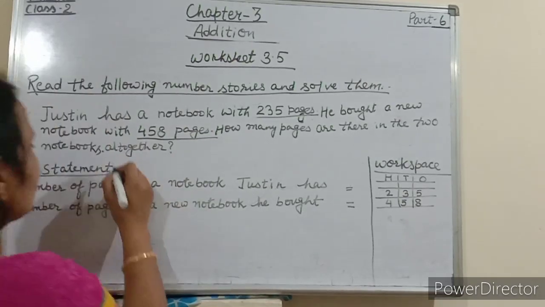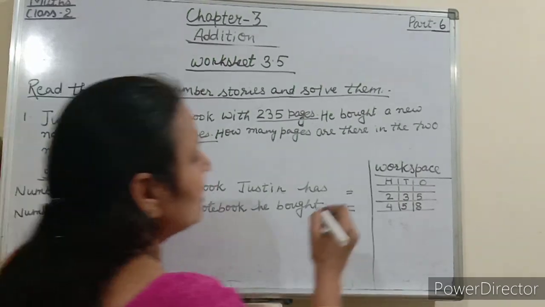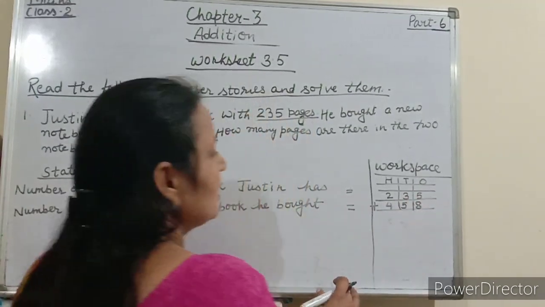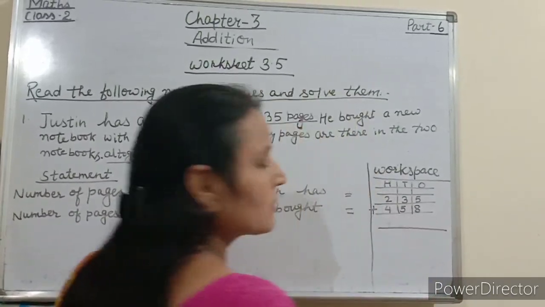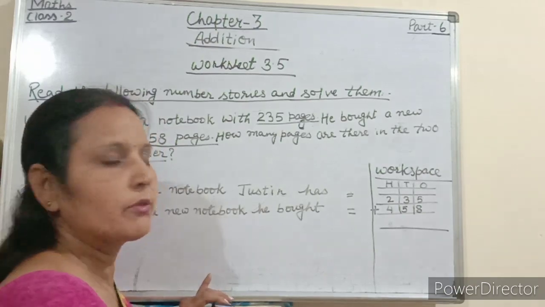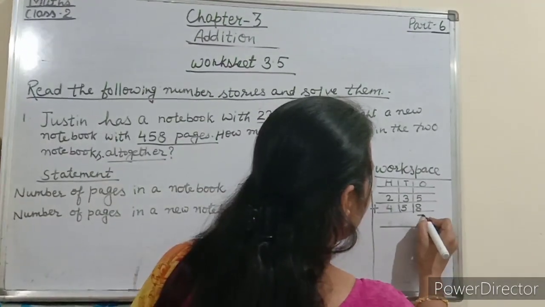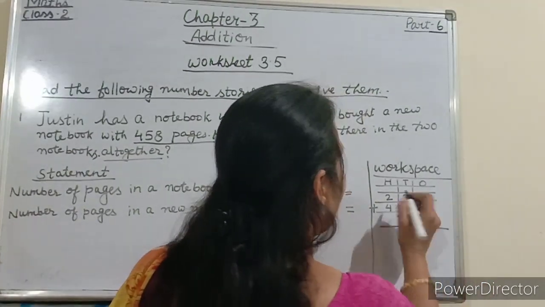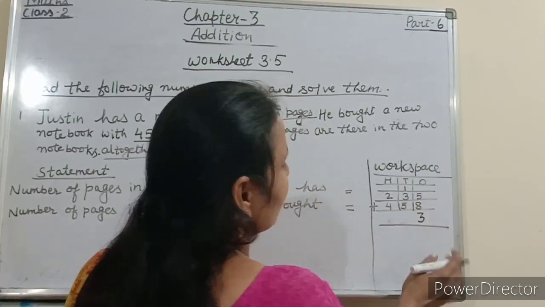It is written altogether, so here we have to add these two numbers. See, 5 plus 8, students. Yes, 5 plus 8 is equal to 13. So here we will write 3 under the ones column and carry 1 to the tens place.